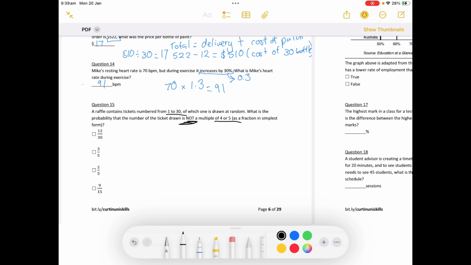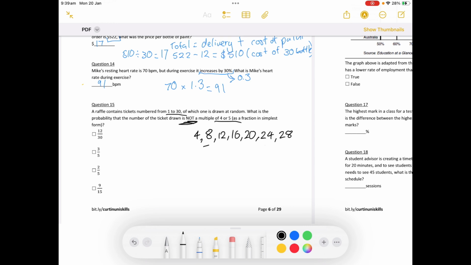Multiples of 4 between 1 to 30. Alright, I've got 4, 8, 12, 16, 20, 24, and 28. And the next one will be 32, which is over, so I can ignore that. Alright, multiples of 5.